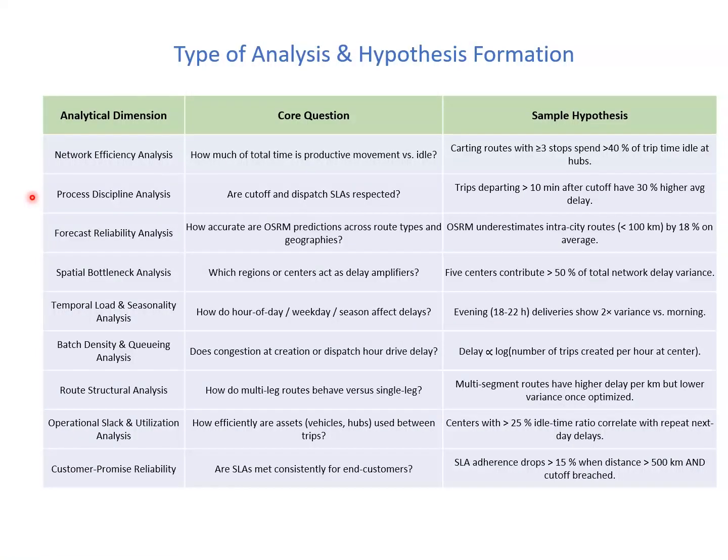Similarly, you can make your own questions and hypotheses along the lines of process discipline, forecast reliability, spatial bottleneck, temporal load, batch density, route structural analysis, operational slack, and customer promise.